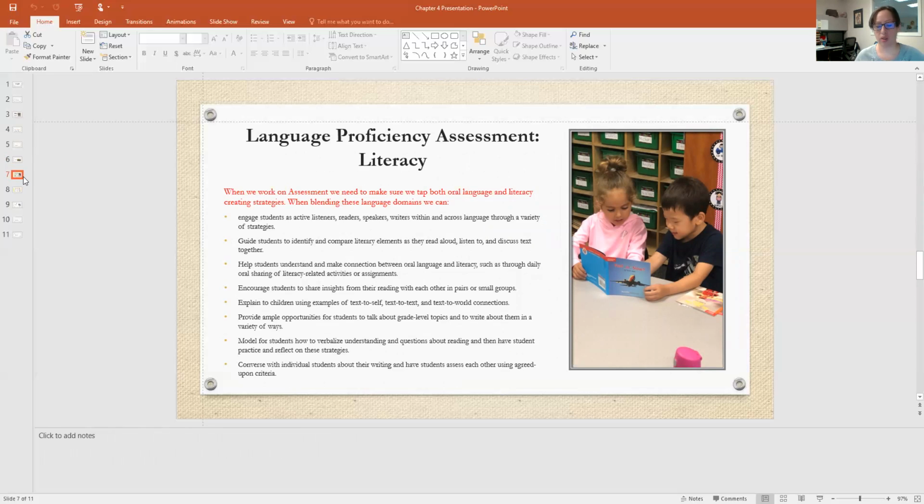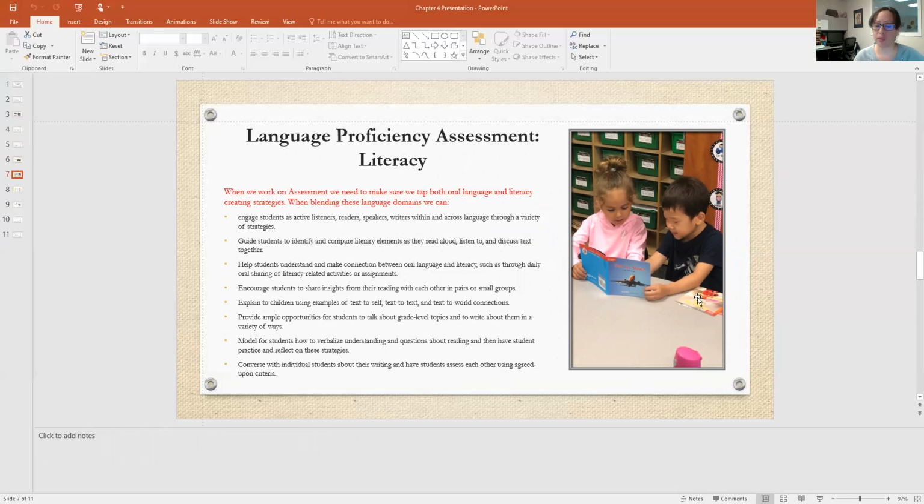Look at this picture. I just feel that this gives you pictures. Oh my goodness, what phrase am I looking for? A picture is worth a million words. When we work on assessments, we need to make sure we tap both oral language and literacy creating strategies.